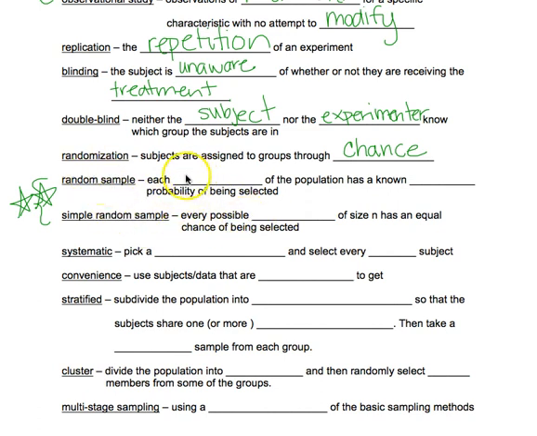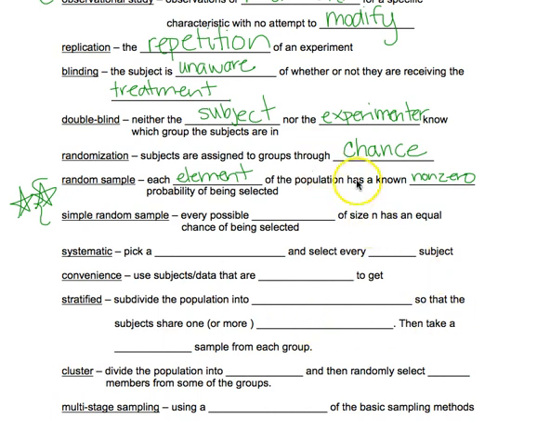So a random sample is when each element of the population, so it could be a person, it could be an object, but each element of the population has a known non-zero probability of being selected.